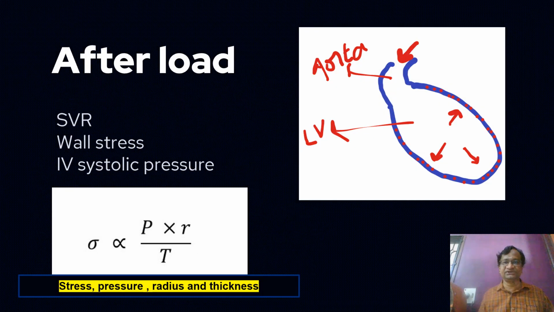Now you can see, this is the LV length, blood is going to the aorta. If there is something pushing here, how will the blood go here? So an afterload increase will cause the cardiac output to decrease. But if the afterload decreases, the ejection is better.